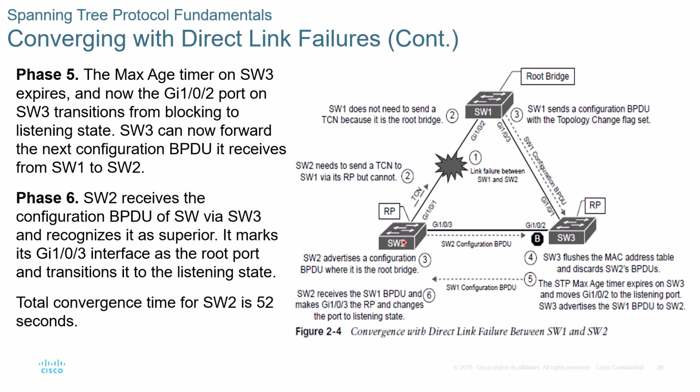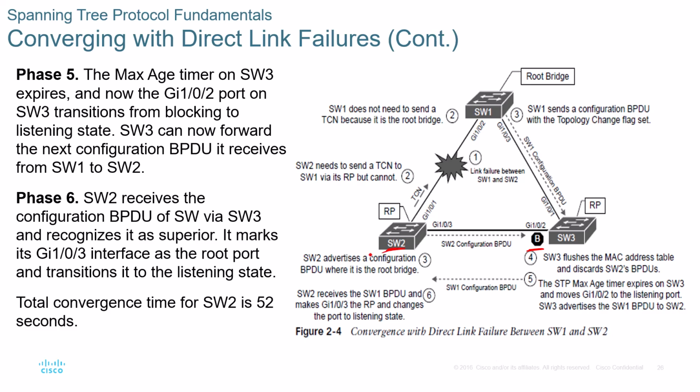The max age timer on switch 3 will expire. Now the Gig 0/1 port on switch 3 will transition. That's the actual transition. It can now forward data. Phase 6, switch 3 will receive the configuration BPDU via SW3 and recognize it as superior.